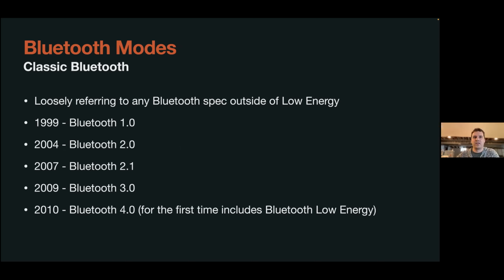That's an area I don't know too much about. But a rough timeline here: the Bluetooth spec has been updated over the years, starting around 1999. Bluetooth 1.0 was released, all the way up to 2010, Bluetooth 4.0. It's still being developed. I don't remember what version they're on right now, but the important bit for this talk is that 2010 is the first time the spec included Bluetooth low energy.